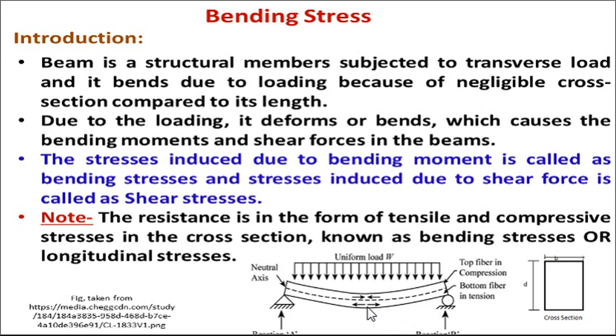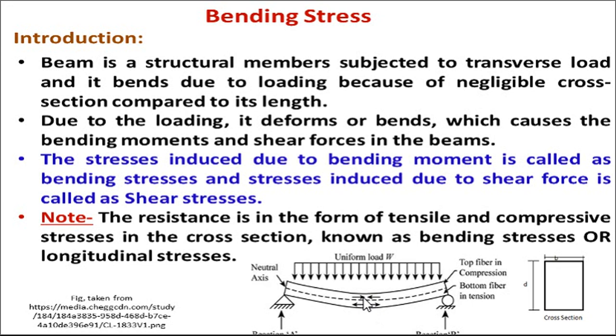That's why you might have noticed that whenever any beam is loaded, at the bottom of the beam we normally include the reinforcement. Reinforcement means steel. Steel bars are normally provided at the bottom to take tension. Steel is strong in tension, so it is provided at the bottom portion of the beam, and in the top portion there is compression.